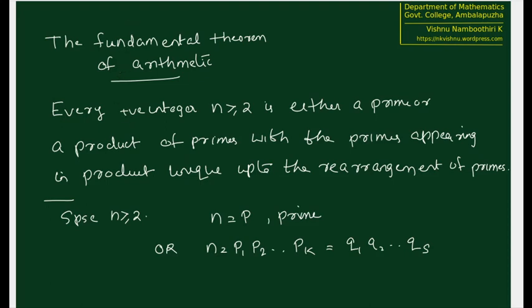So we are going to prove the fundamental theorem using strong mathematical induction. In fact, the first part. What is the first part? In the first part, we have to show that given any integer n that is greater than or equal to 2, it is either a prime or product of primes. The uniqueness of primes appearing in this product, we will prove as the second part. So part 1 is the following.